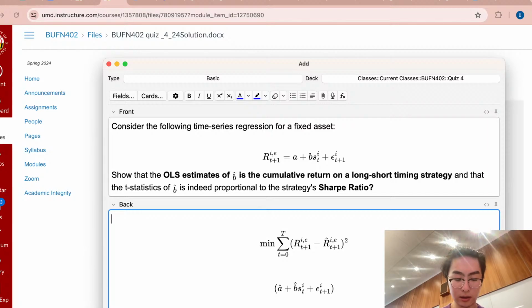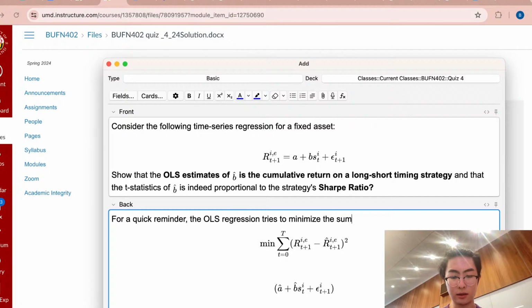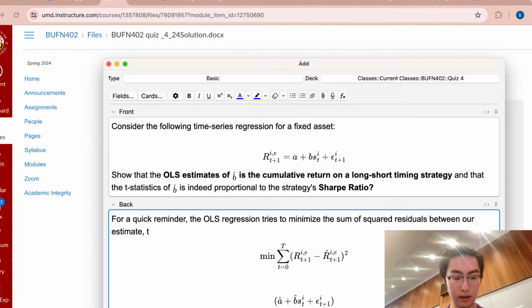So, for a quick reminder, ordinary least squares regression tries to minimize the sum of squared residuals between our estimates and the actual ground truth.